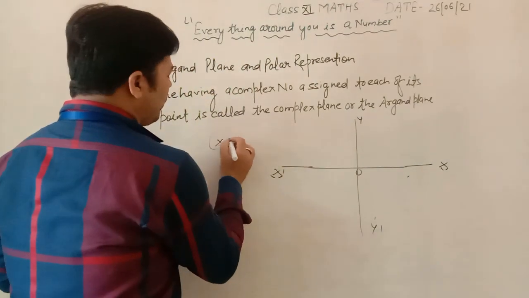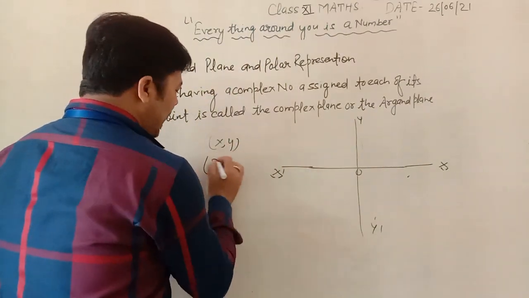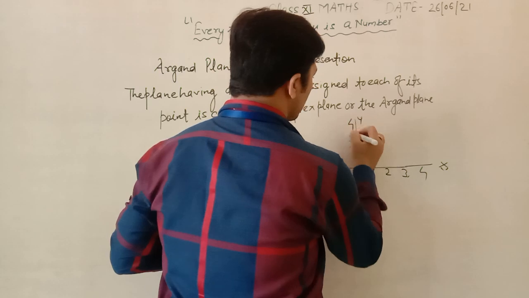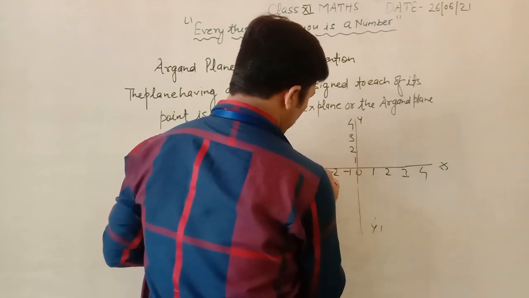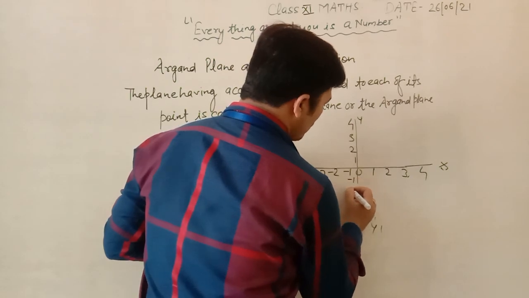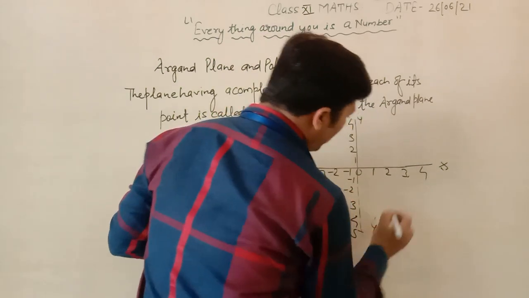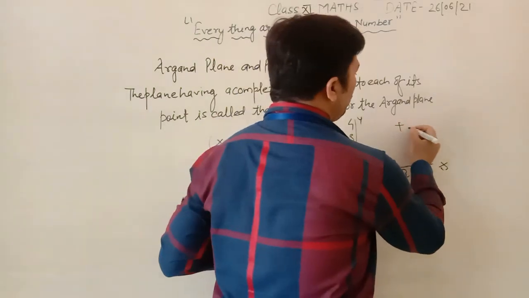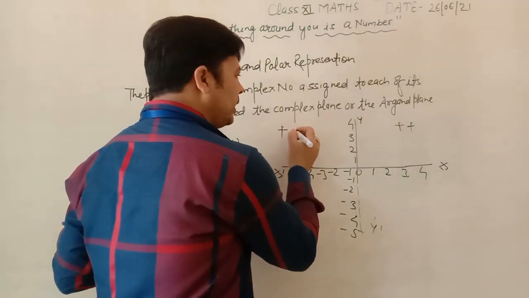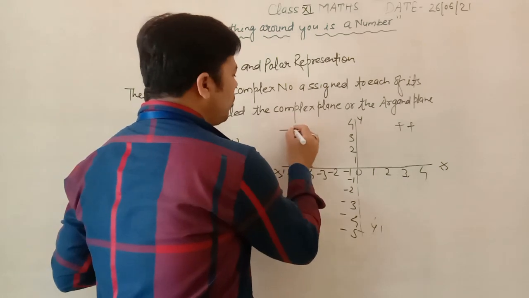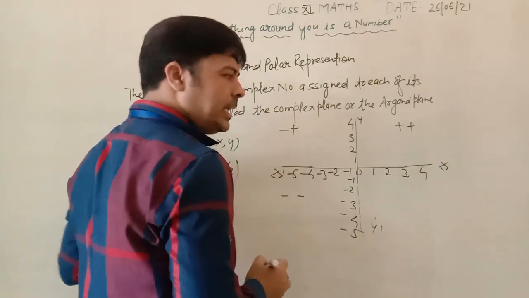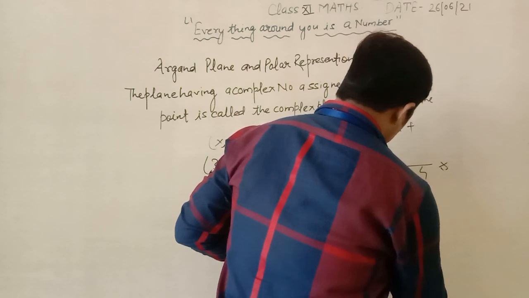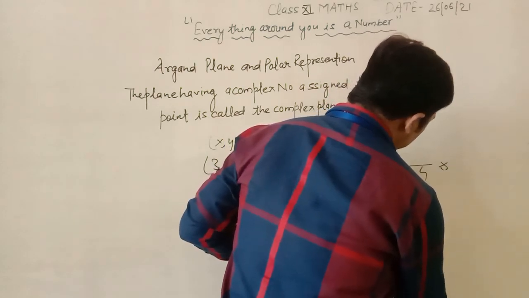If you need to locate x comma y, like 3 comma 4, how can you locate it? In the first quadrant x and y are positive, in the second quadrant x is negative and y is positive, in the third quadrant both x and y are negative, and in the fourth quadrant x is positive and y is negative.